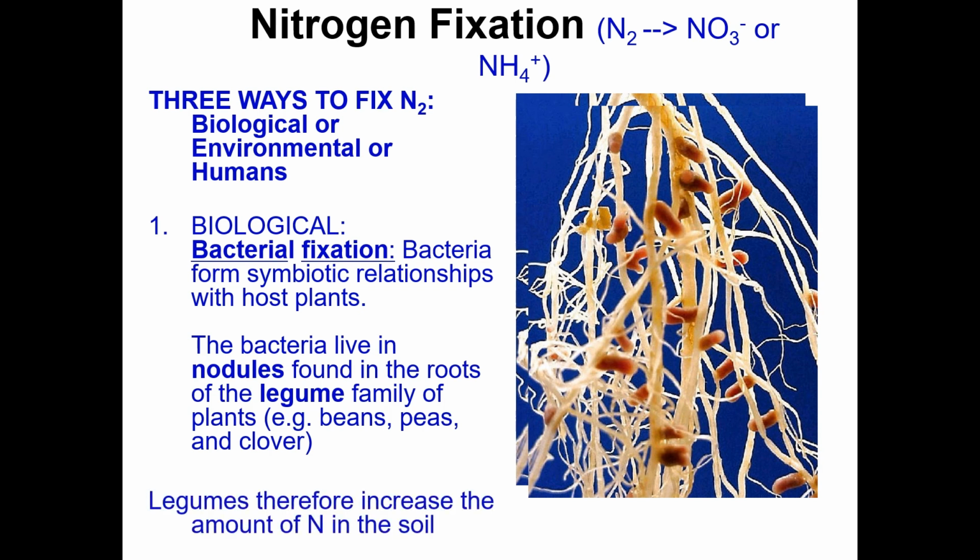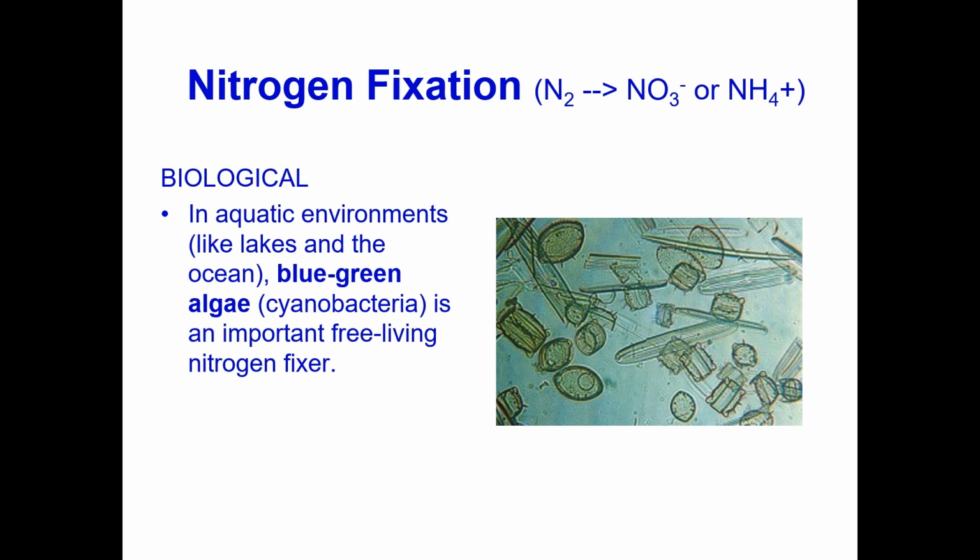And secondly, it can also happen by blue-green algae, which is present in the lakes and oceans. In the aquatic environment, the blue-green algae does the role of converting N2 into nitrate and ammonium.